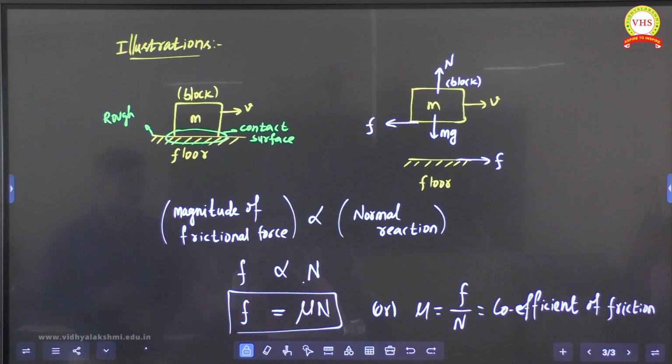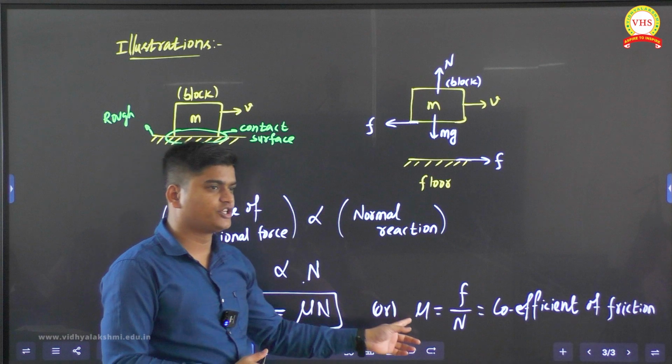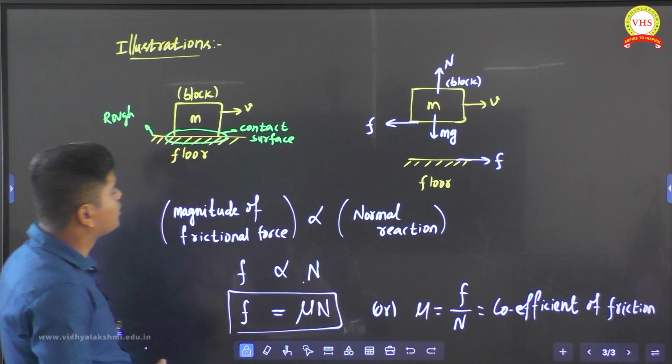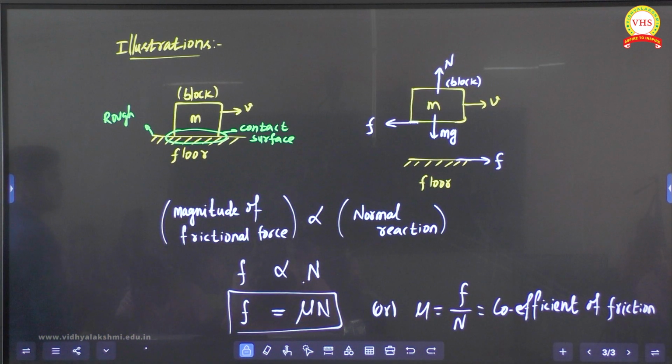So it is frictional force by normal reaction. Mu is nothing but what? Frictional force by normal reaction, or it is basically called the coefficient of friction.